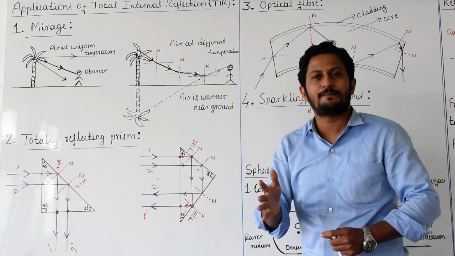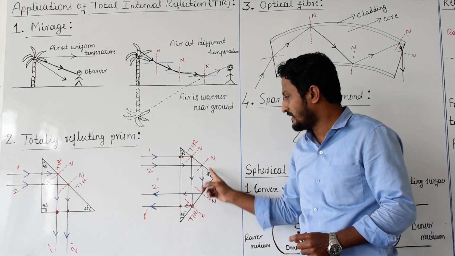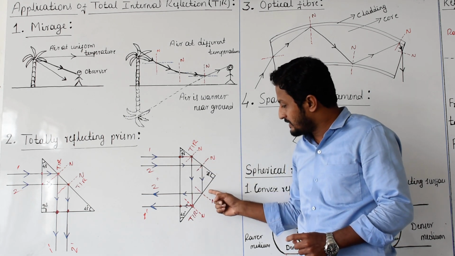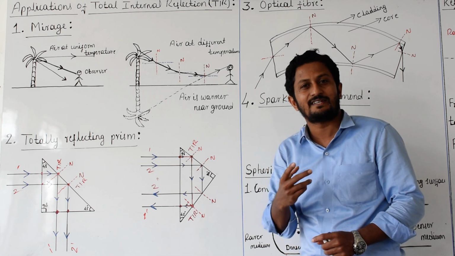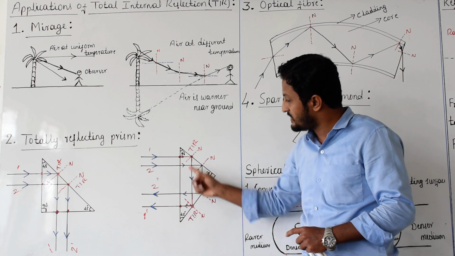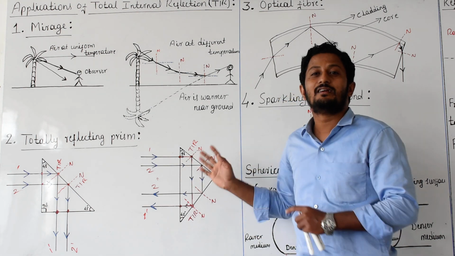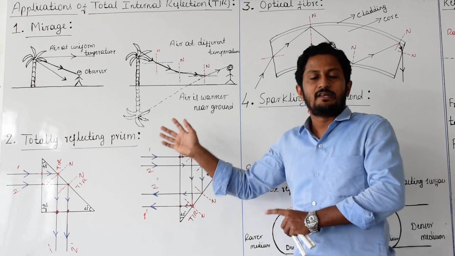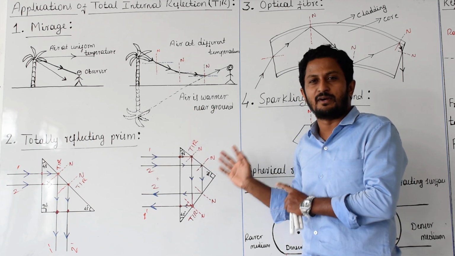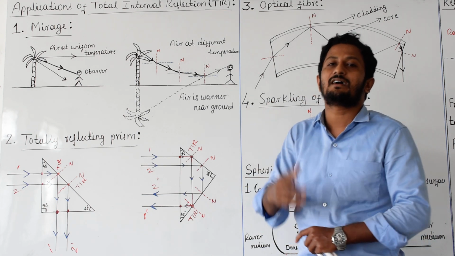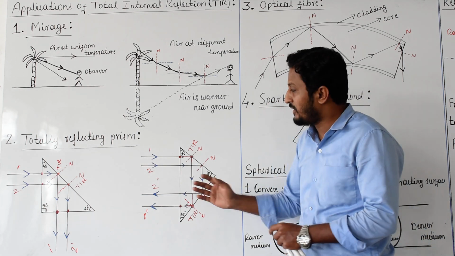It is a prism in which there is a 90 degree angle between its 2 refracting surfaces and the other 2 angles are each equal to 45 degree. It is called a totally reflecting prism. If we choose this type of material, then we are going to achieve the TIR phenomenon.